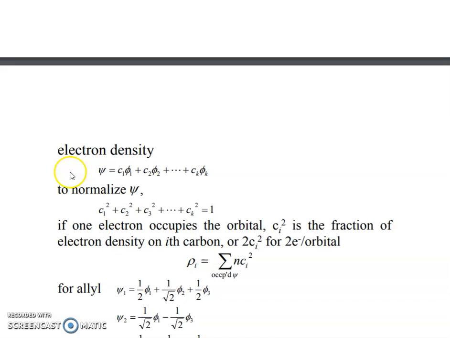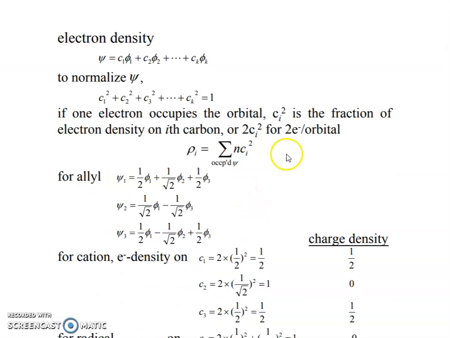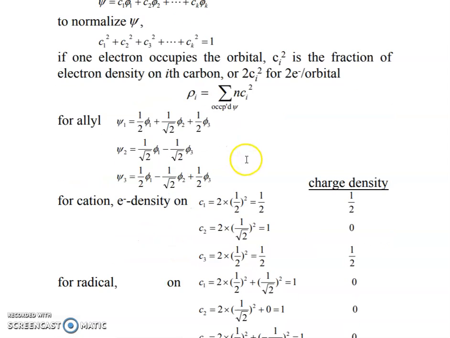Then you have to calculate the electron density. Psi is equal to psi 1 phi 1, psi 2 phi 2 and so on. To normalize, C1 square, C2 square, C3 square and so on, which is equal to 1. If one electron occupies the orbital, Ci square is the fraction of the electron density on each carbon. So 2 Ci square for a 2-electron orbital. So the formula becomes like that. For allyl systems, psi 1, psi 2, psi 3, you can write it like that.